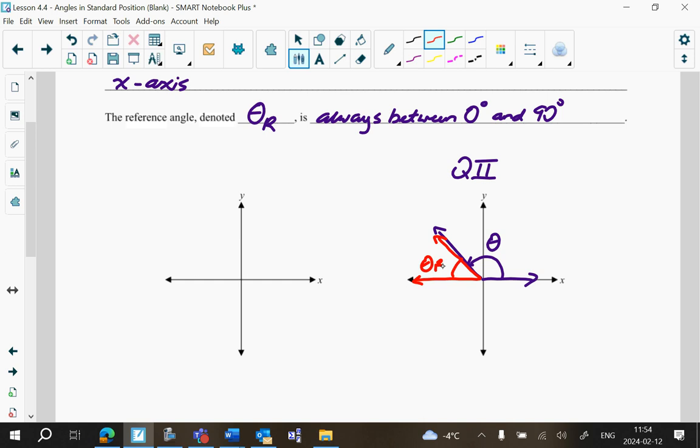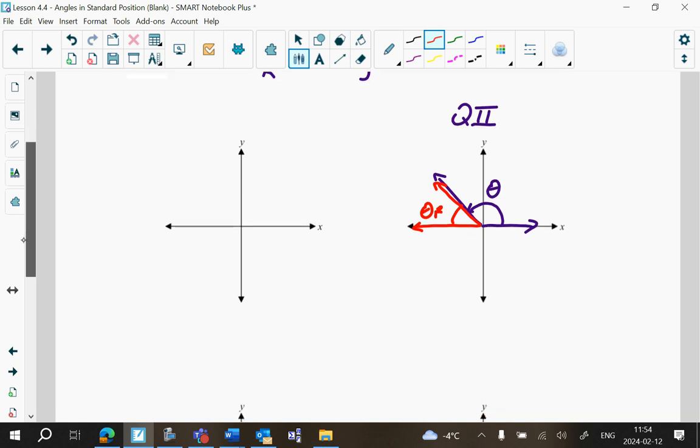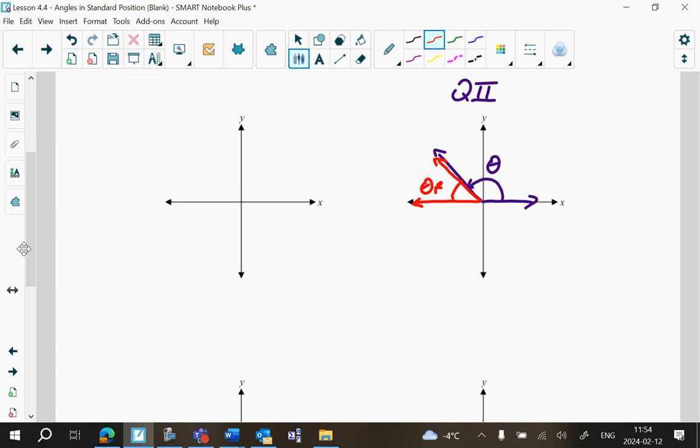In quadrant 2. And if I tell you the measure of the original angle in quadrant 2, you should be able to tell me the measure of the reference angle. Okay? If I said this angle here was 120 degrees, how would you find this one?